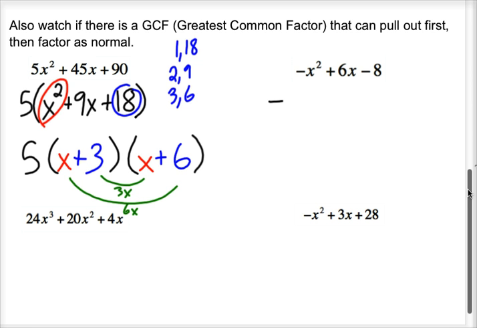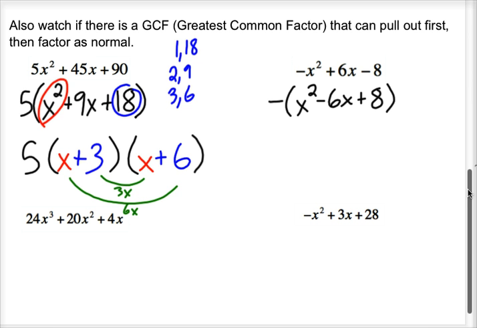So to pull out that negative, think of it like pulling out a negative 1. When you pull out a negative, all it's going to do is flip every sign inside what's left. And again, it's going to make factoring these things so much easier.